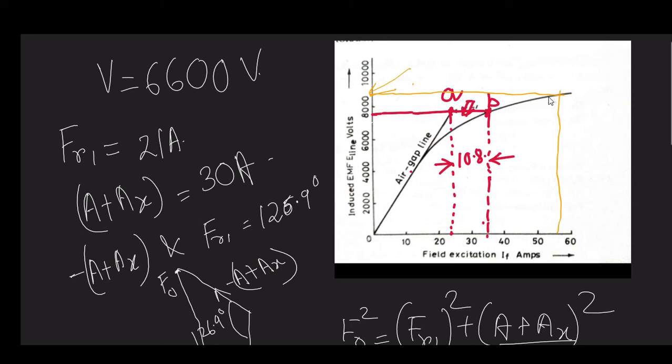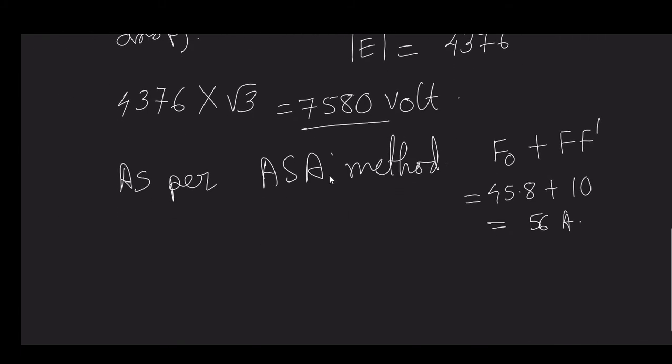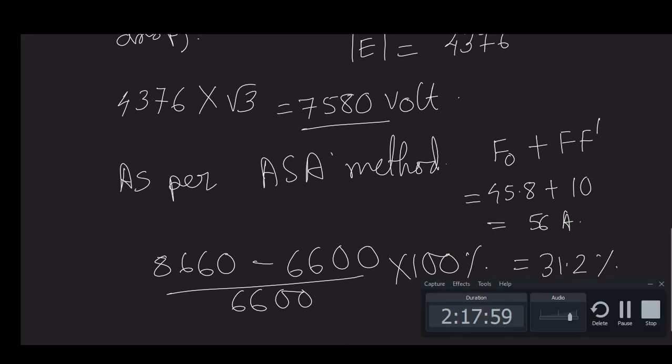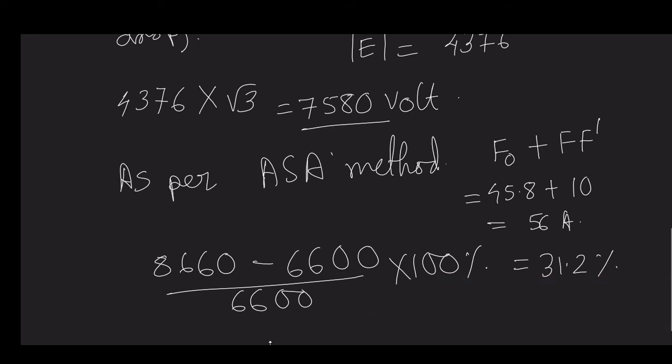This is something, as per the book, it is 8660 from the OCC card. What is your voltage in load condition? So this gives us, right? Therefore, it is clear that we are having this much percentage of regulation.